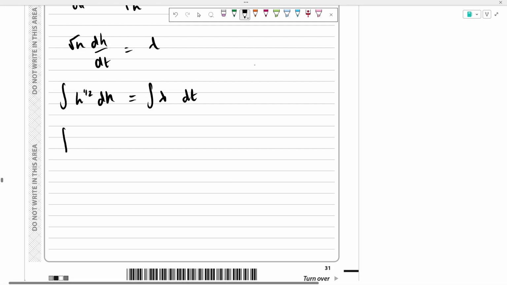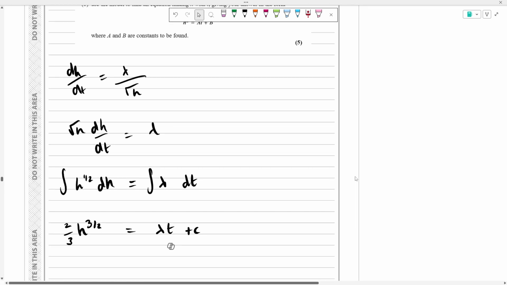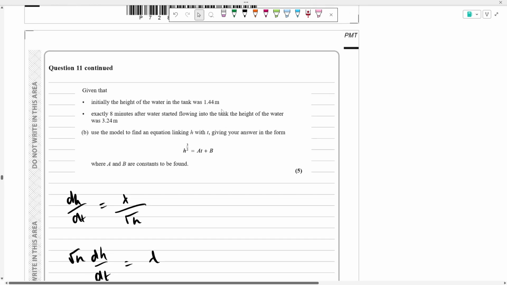So I integrate this and it becomes 2/3 h to the 3/2, equal to lambda t plus c. The reason I'm not putting plus c on the left hand side is because there's a constant here and a constant here as well, so I can just move the constant to one side of the equation and call it plus c.